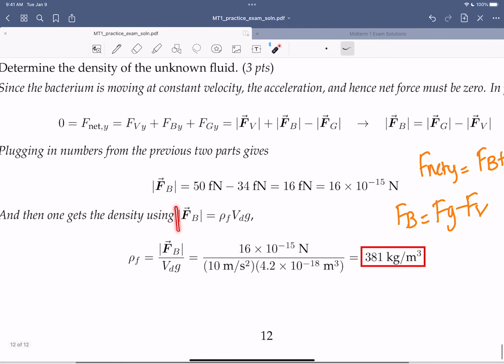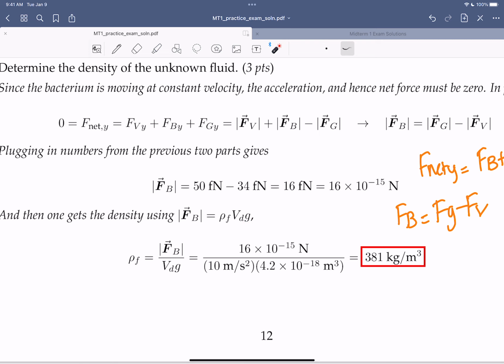And then from the force of buoyancy here, you can set that equal to, once again, when you're talking about force of buoyancy, we're only talking about values that are pertinent to the characteristics or properties of the fluid itself. So we're looking at density of the fluid, volume of the fluid displaced, and gravity. So you have now the force of buoyancy, and that's going to be set equal to the density of the fluid times the volume displaced times the gravity.